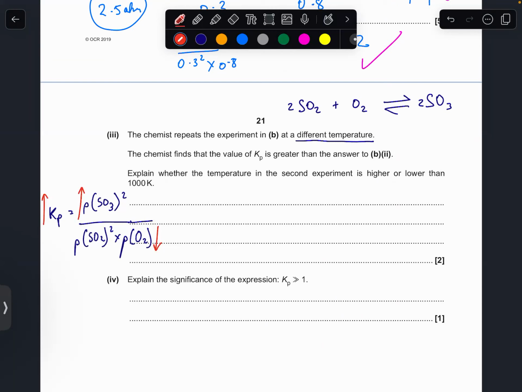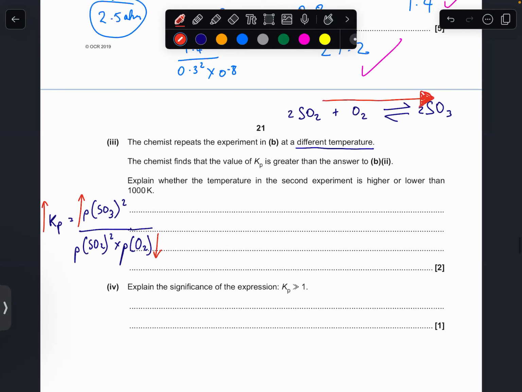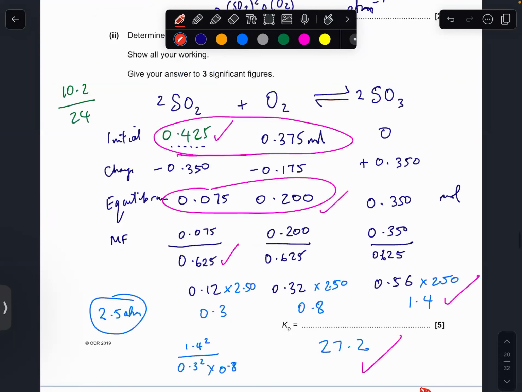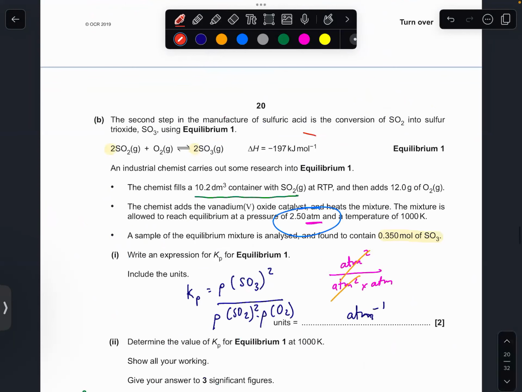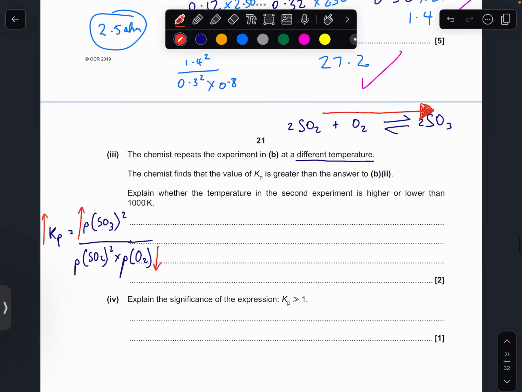That means that the equilibrium has shifted to the right. If it's shifted to the right, and we know that the forward reaction is exothermic, the reverse is endo. That means the temperature must have been lower than 1,000 Kelvin.